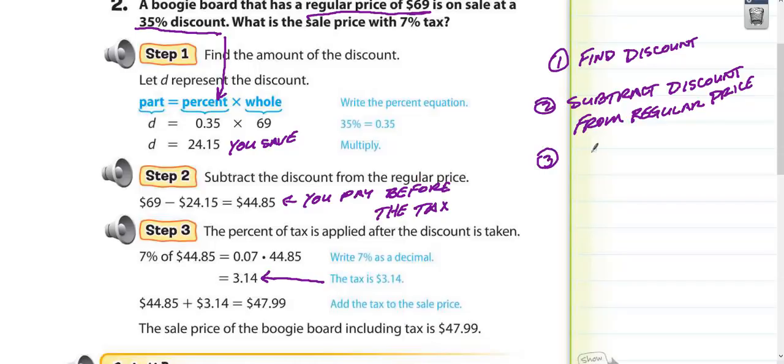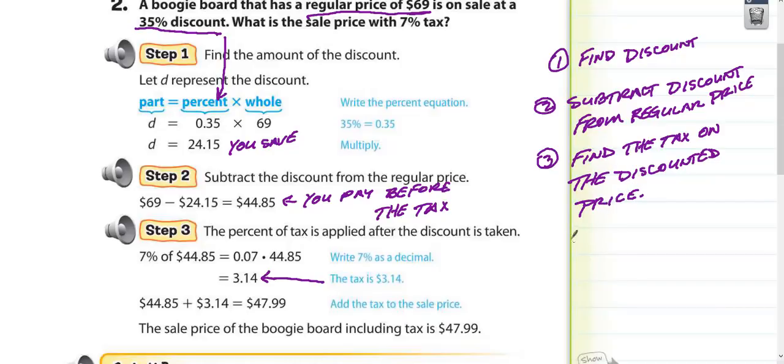Step 3, find the tax on the discounted price. Okay, so in step 2, you figured out what the discounted price was. Now find the tax on that, and then add the tax to get the final price.